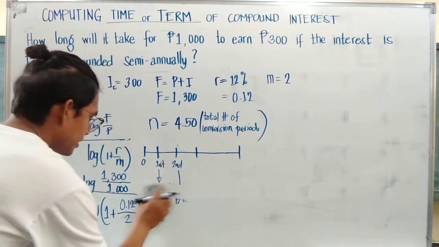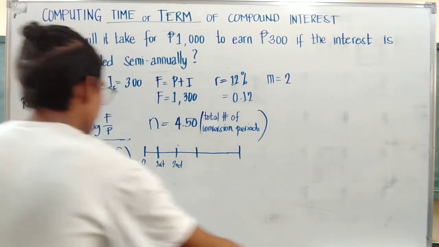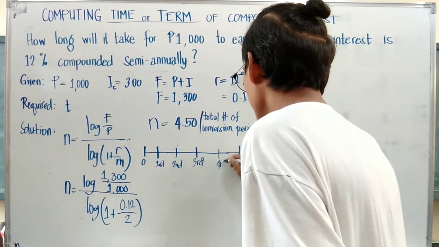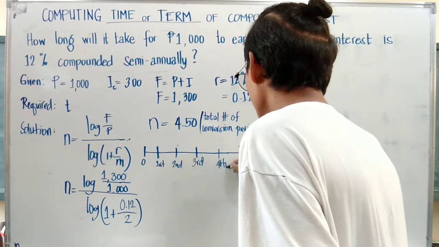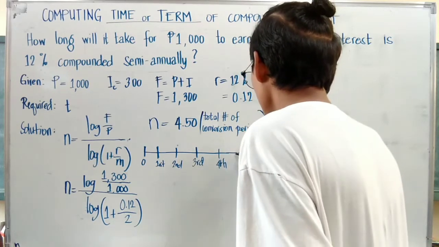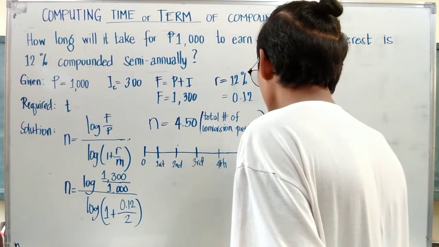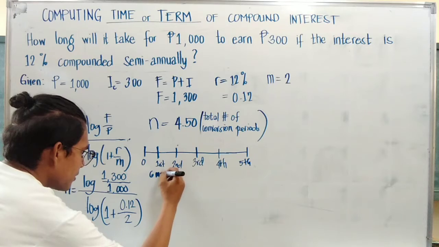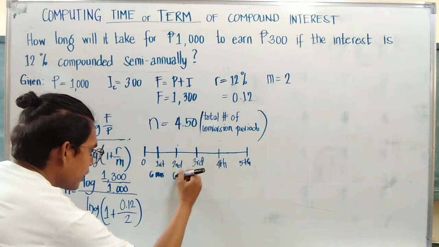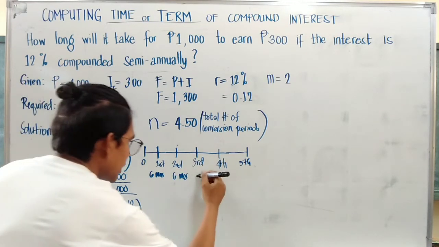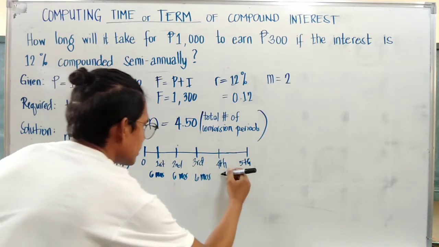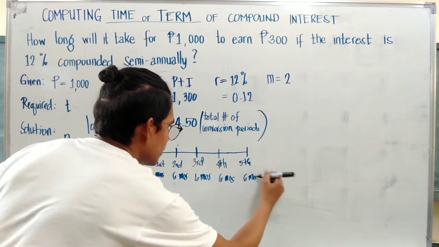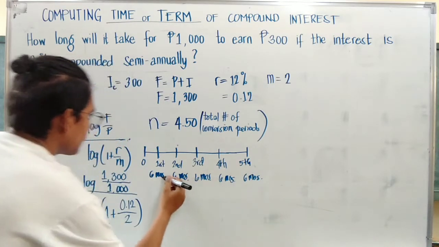Or I will put it this way. First, second, third, fourth, and fifth. 6 months, then another 6 months, another 6 months, 6 months, and another 6 months.